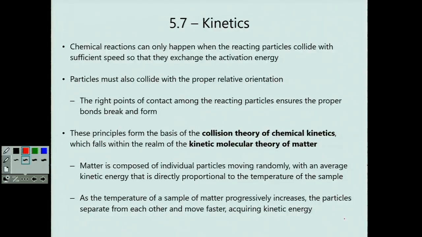In any sample of matter, particles are constantly moving and constantly interacting with each other, colliding with each other for the most part, unless they're super solid, right? Even in solids, particles are vibrating, they're interacting with each other. But then when we speak of chemical kinetics, there's a subset of those interactions that will ultimately lead to chemical changes, right? Depending on how things are coming together.